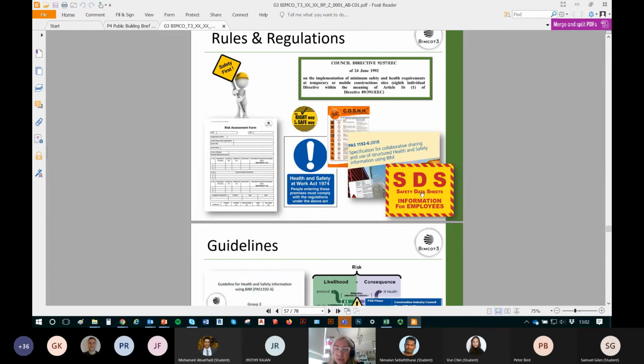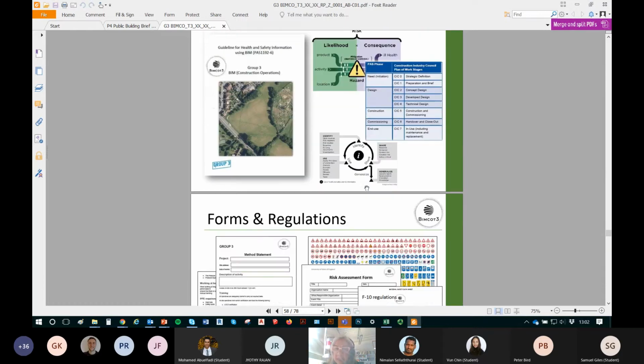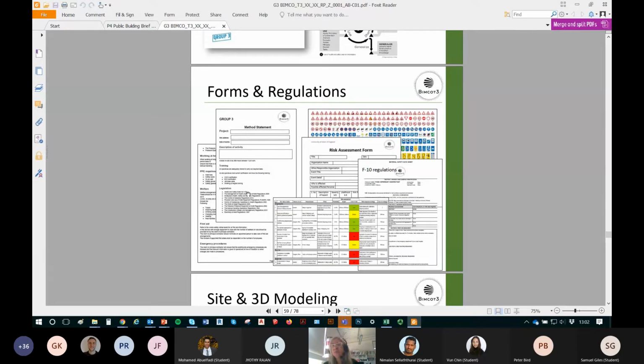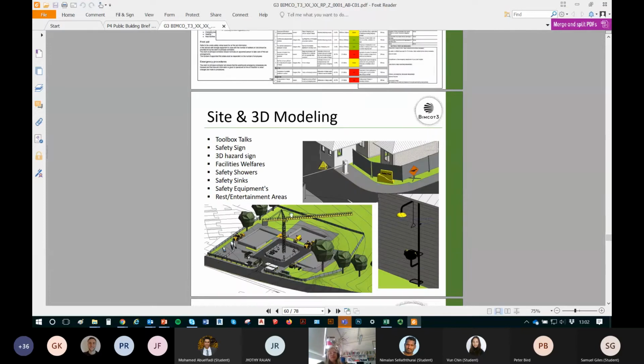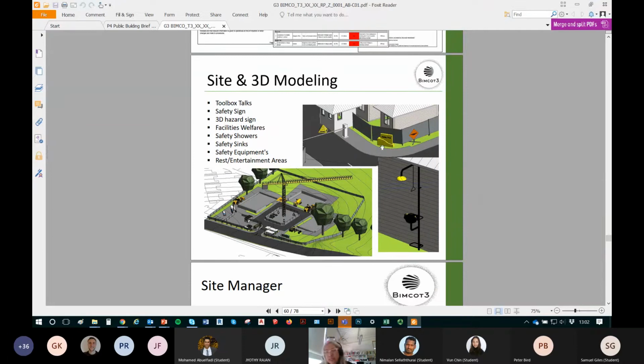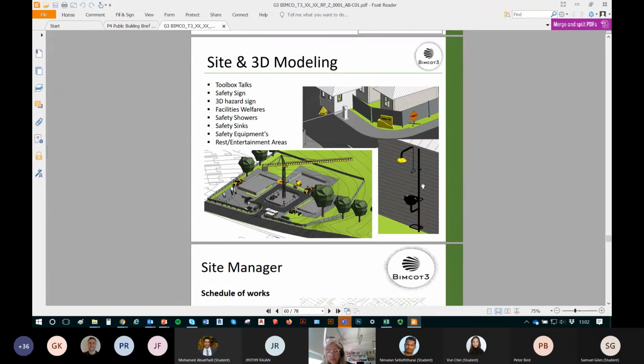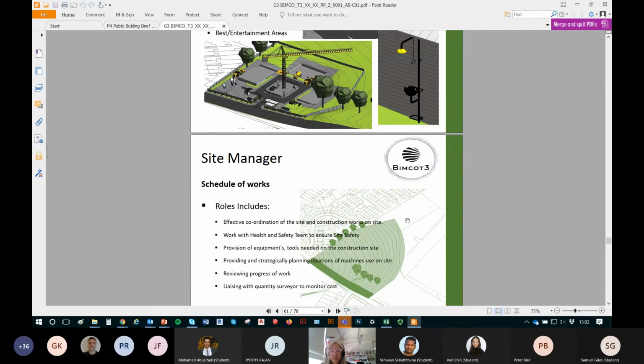Rules and regulations that you need to observe and guidelines, and then come up with your own forms and regulations that you need to observe. And moving into that side, 3D modeling, highlighting risk, hoarding, access, crane, equipment, material store, washing facilities and all that.